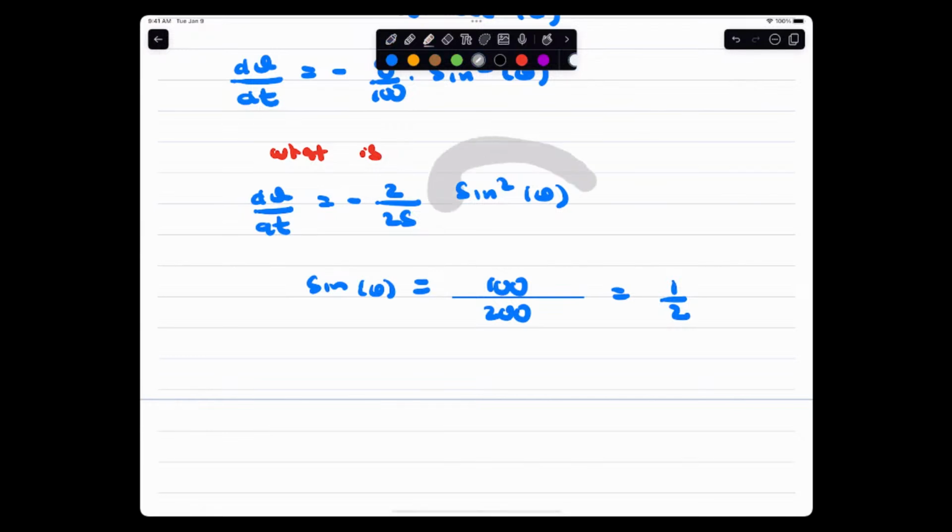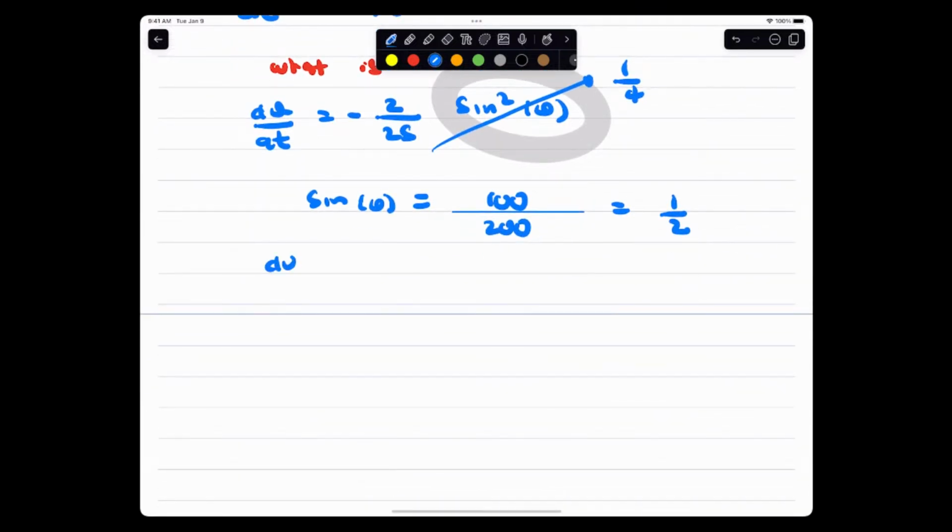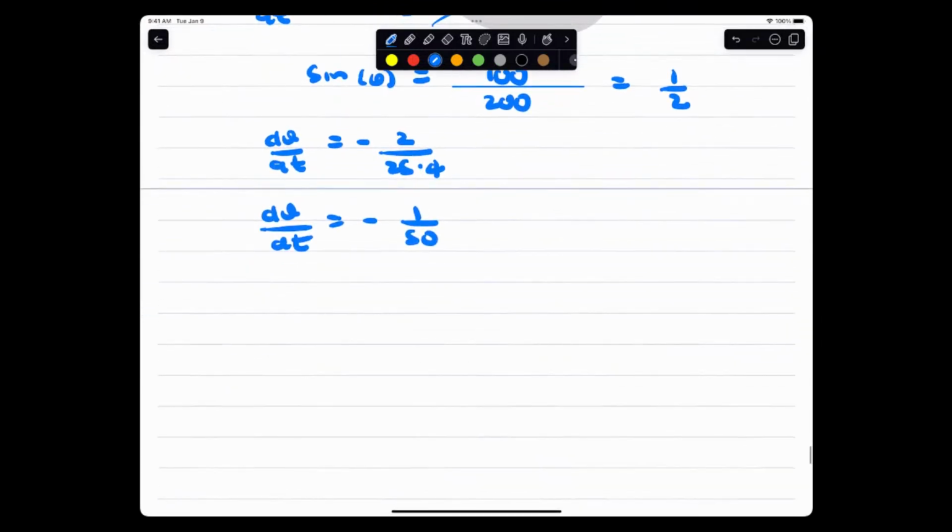So this would be 1/2 squared, which is 1/4, I think. Okay, so d theta/dt will be negative 2 over 25 times 1/4, negative 1 over 50. And that's going to be in radians, ladies and gentlemen.